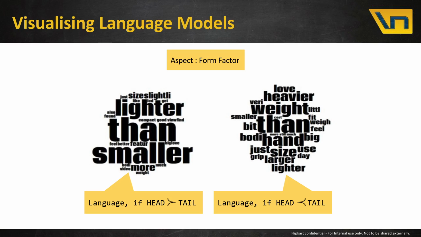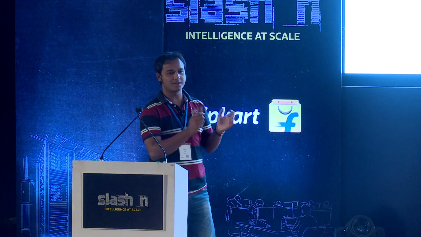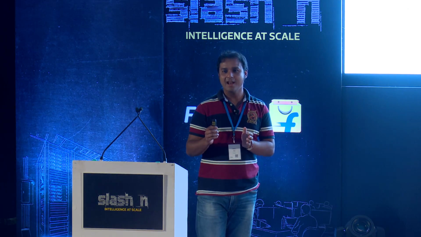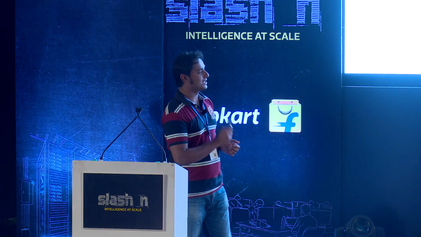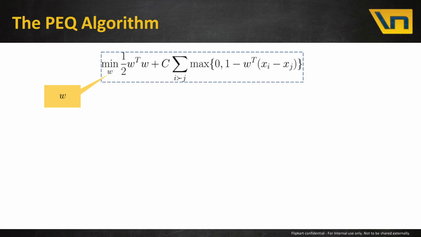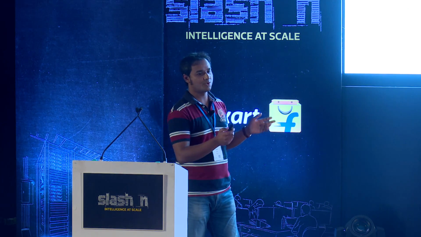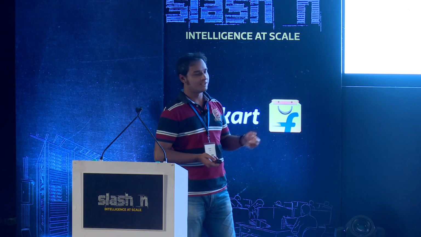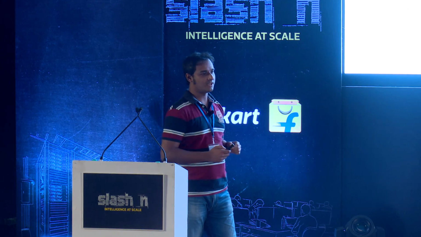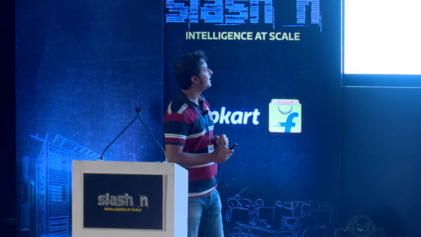Now, what I have shown you are two distinct models: a choice model that works on the product specification and a language model that works on the product reviews. You need to put them together. The way it is done is you first fit your choice model. The output of it is this weight vector that I have shown you, which says how important different specifications are. That comes out when this learning is done.